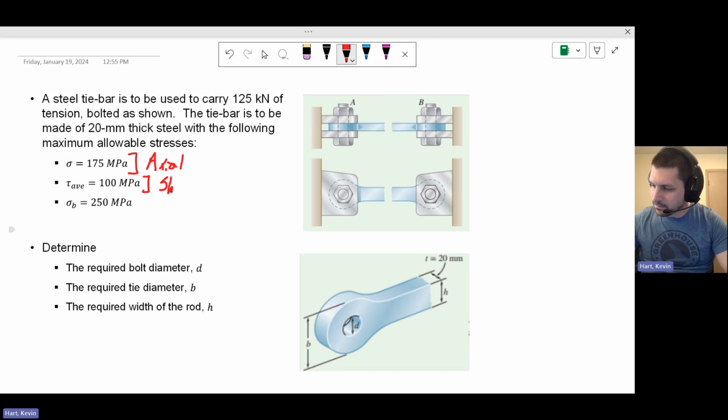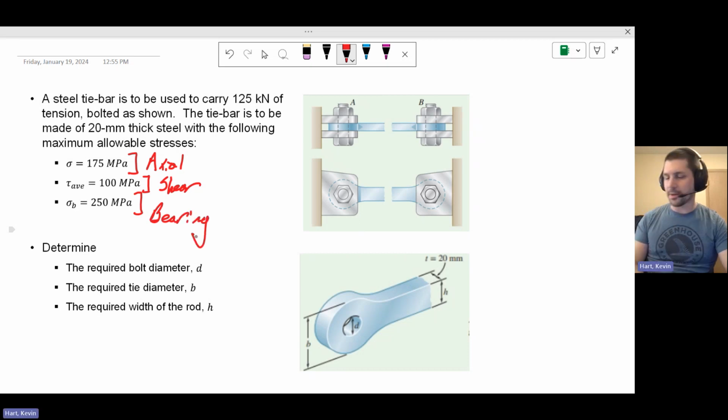And then a maximum allowable bearing stress of 250 MPa. So this is more of a design problem where we're given our maximum allowable stresses, and that's going to inform the dimensions of the tie rod that we need, to make sure we don't exceed any of these stress values.